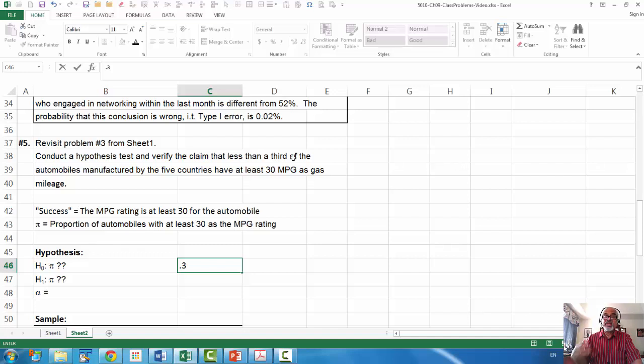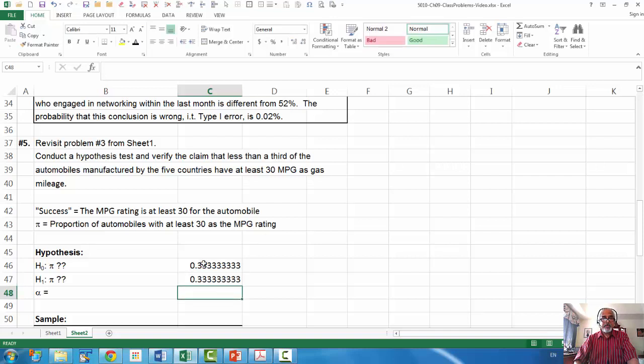You have to be as close to accurate as possible, and Excel allows us more accuracy: you just do 1/3 like that.